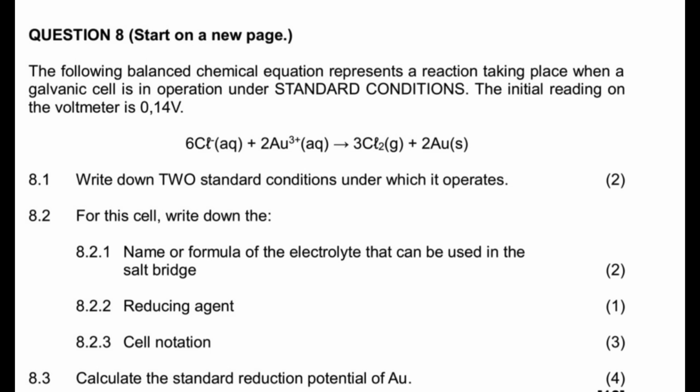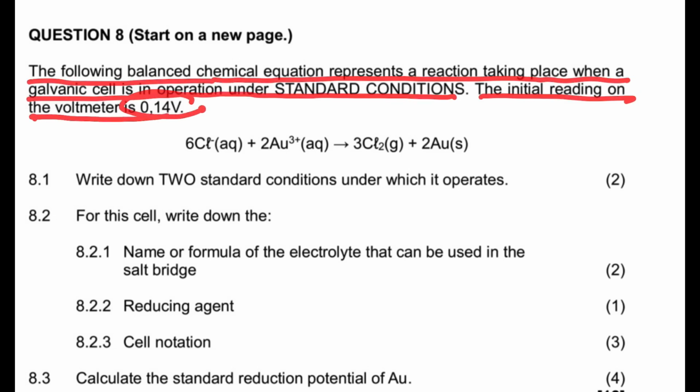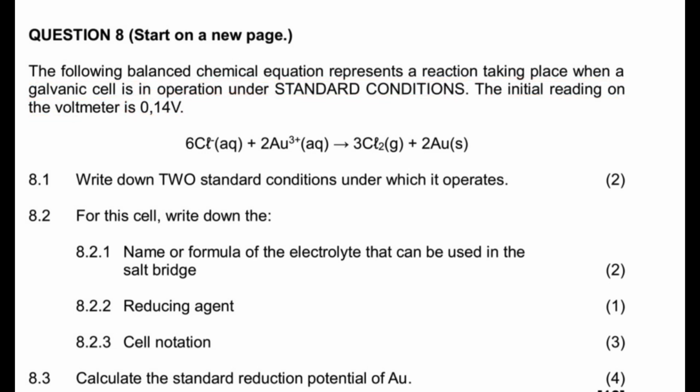Question 8, it's a galvanic cell. It says the following balanced chemical equation represents a reaction that takes place when a galvanic cell is in operation under a standard condition. The initial reading on the voltmeter is 0.14. Right, we are given the net cell here.